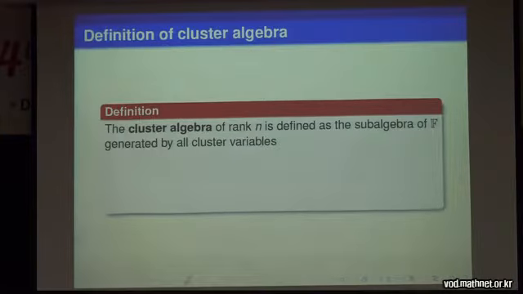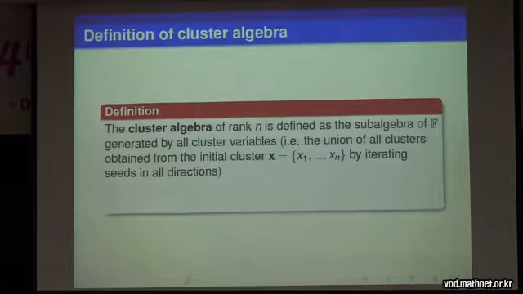Then you can define the cluster algebra of rank n, which is defined as the subalgebra of this field generated by all cluster variables. All these cluster variables can be obtained from the initial cluster.